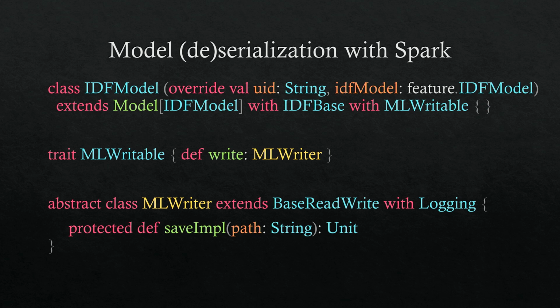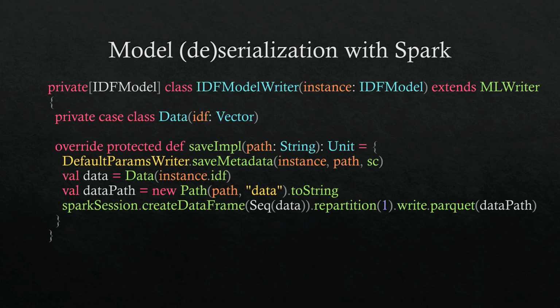You also have a Spark context there. Most of the models in Spark just use the Spark session and store it using Parquet files. Not all of them, some do and some don't, so you find out once you start using them.